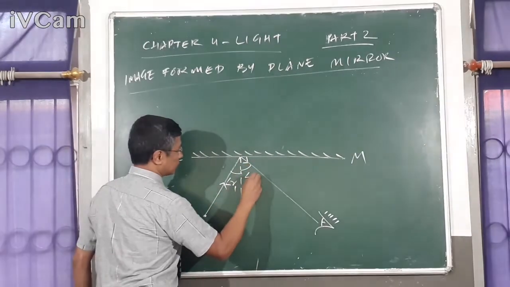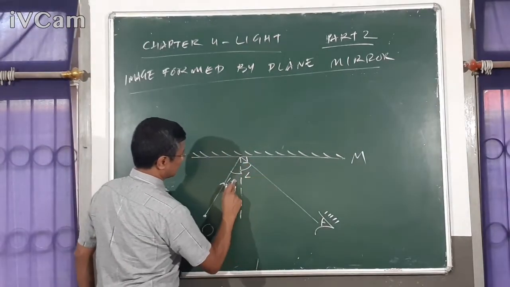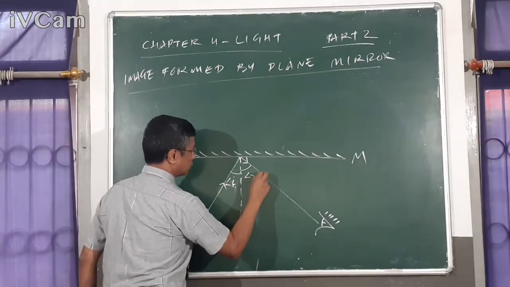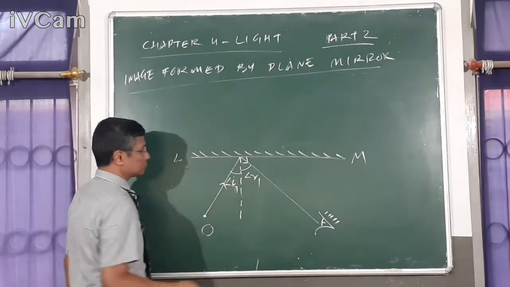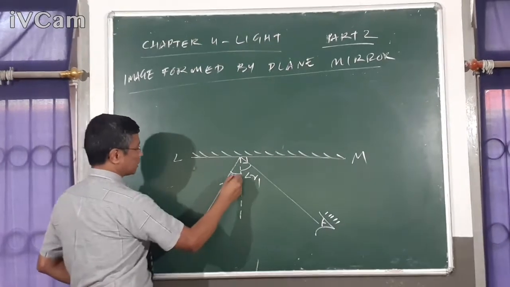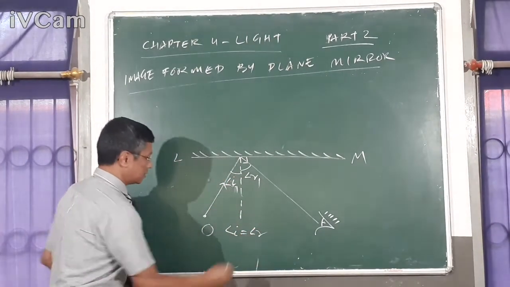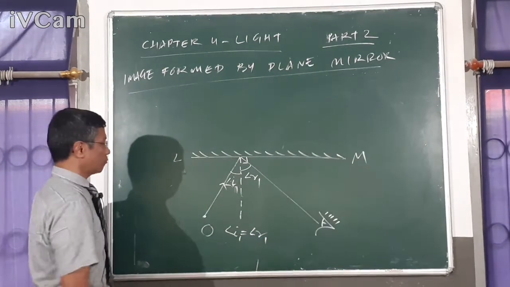This is called the angle of incidence, and this is the angle of reflection, R1. It reflects in such a way that angle I is equal to angle R, in this case R1.